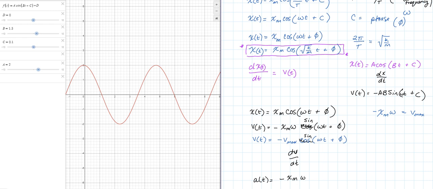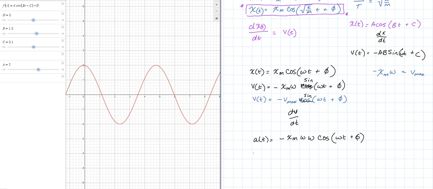Now we're pulling it out again because we're taking this next derivative, and it's a cosine function again, times omega t plus this constant. And so what I see here has happened is I've actually come out with a of t is equal to negative x sub m times omega squared times cosine of omega t plus the phase.